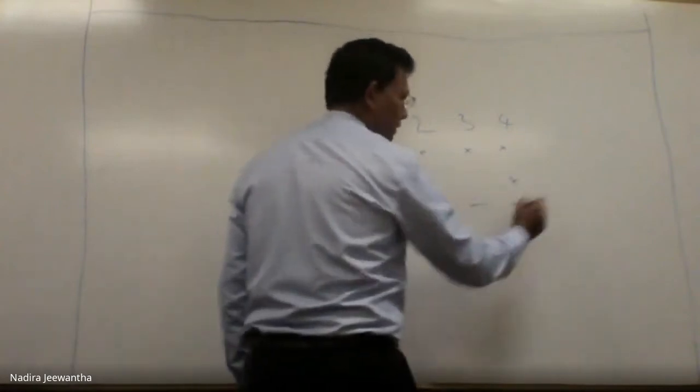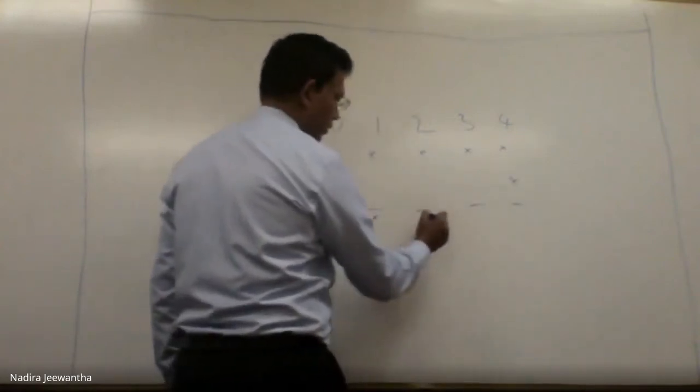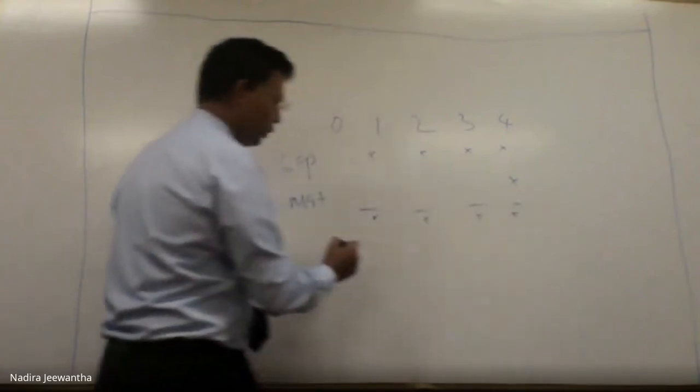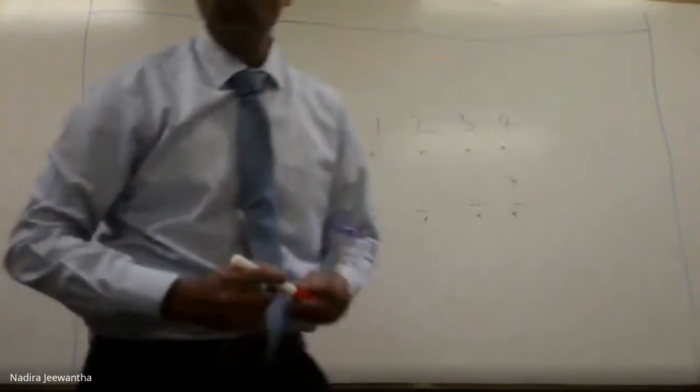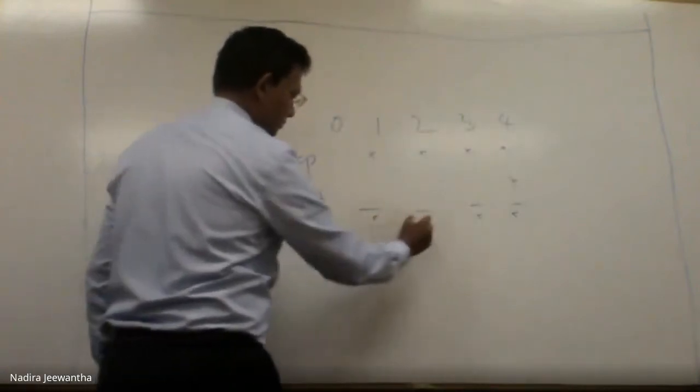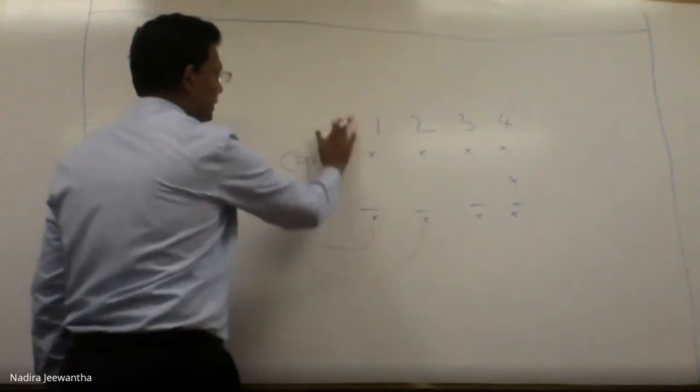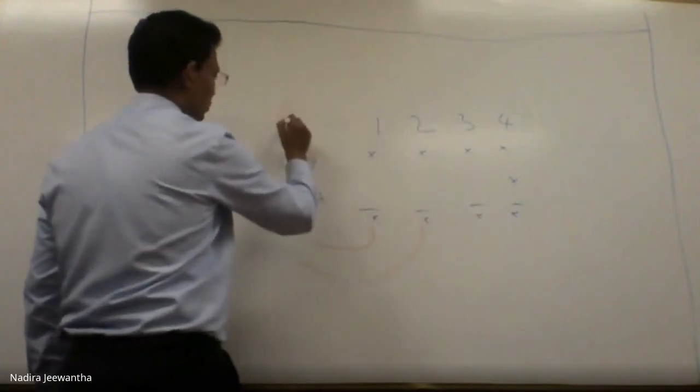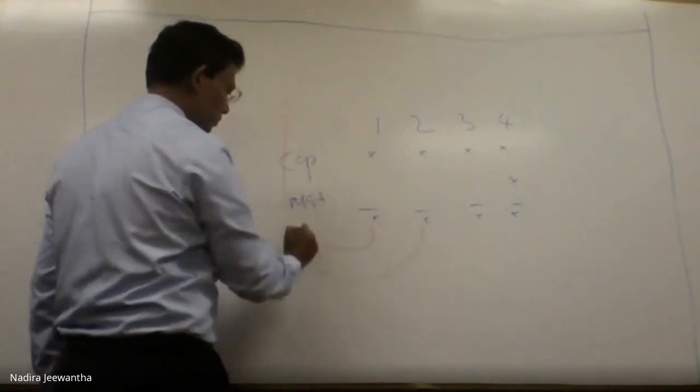Then you add these, and you have figures here, and you do discounting, right? You bring it to today's term. Today's term is here, 0.